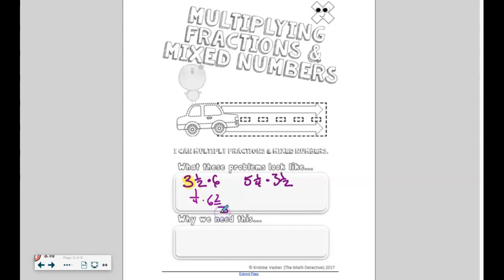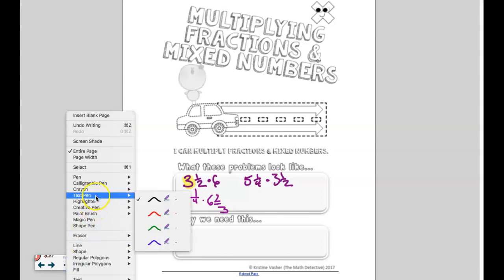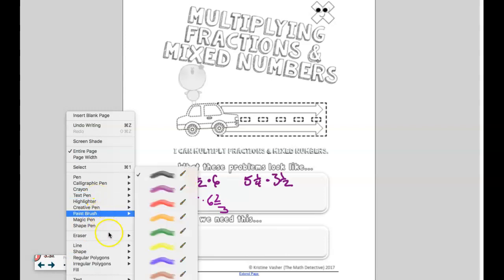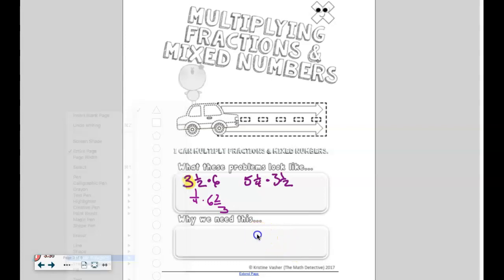Why do we need this? When might you use finding the multiplication of a fraction? You might use this when you are doing baking, construction, when you're working with any sort of measurements, all sorts of different times you might use fractions.